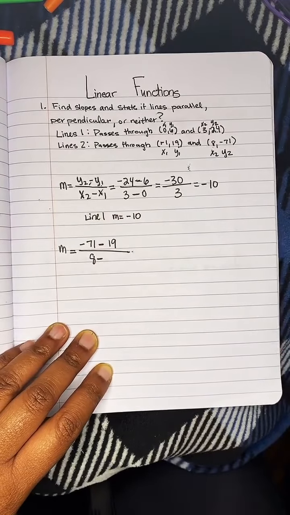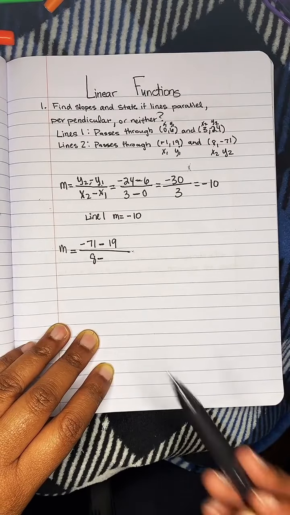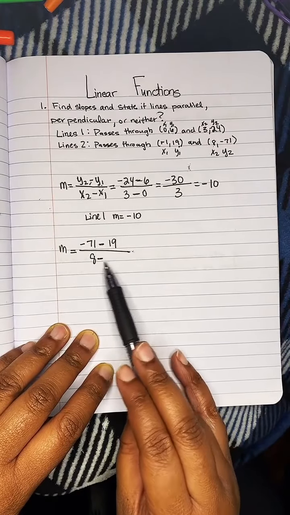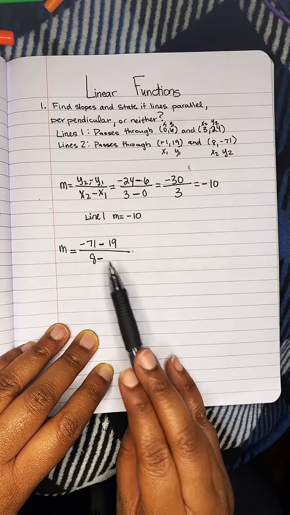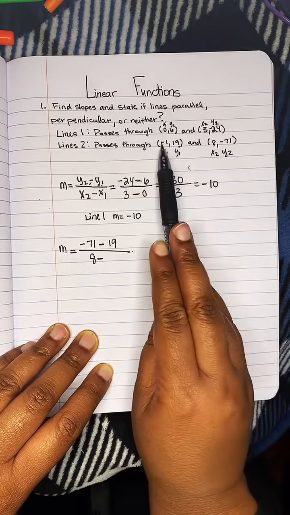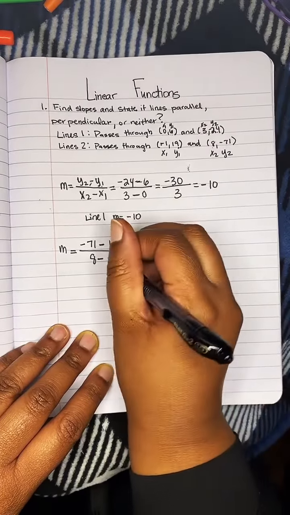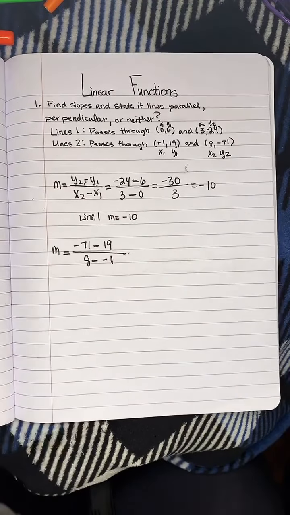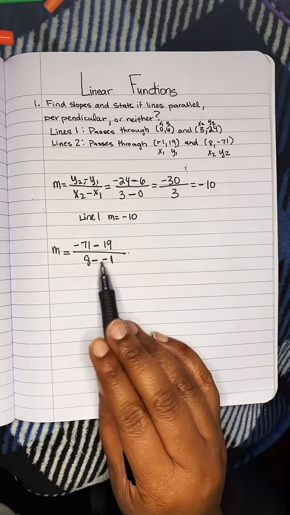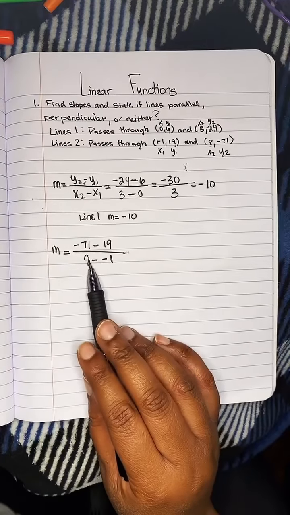And this is where a lot of people make mistakes. This is like a real catch. Is it 8 minus 1? Or is it 8 minus a negative 1? Yes. And this is what gets people tripped up all the time.